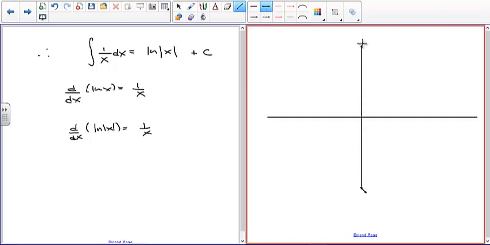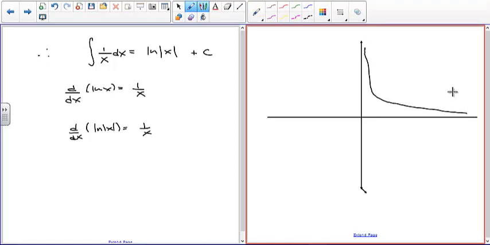Okay, so we said that the natural log was defined as the area underneath the curve 1 over x dx. So this is 1 over x, just under the curve 1 over x. But we know if we talk about the function f of x equals 1 over x, there's another part to the curve. It's the one that starts out this way and approaches x equals 0 from the other direction.